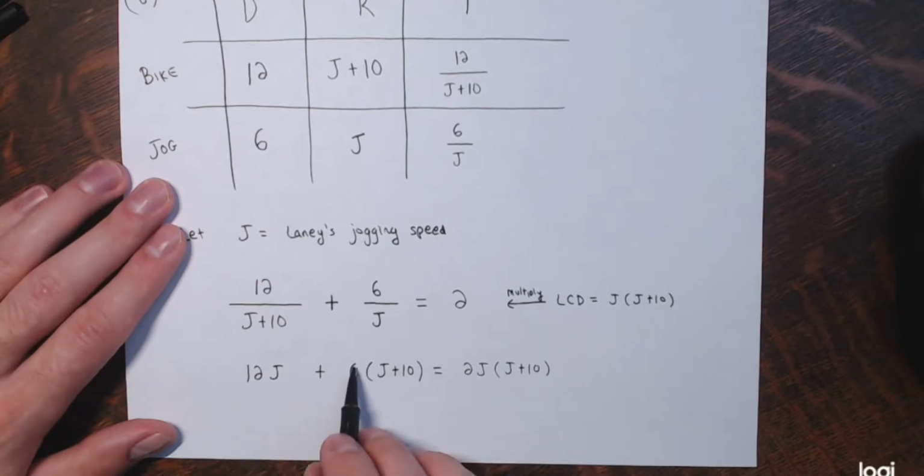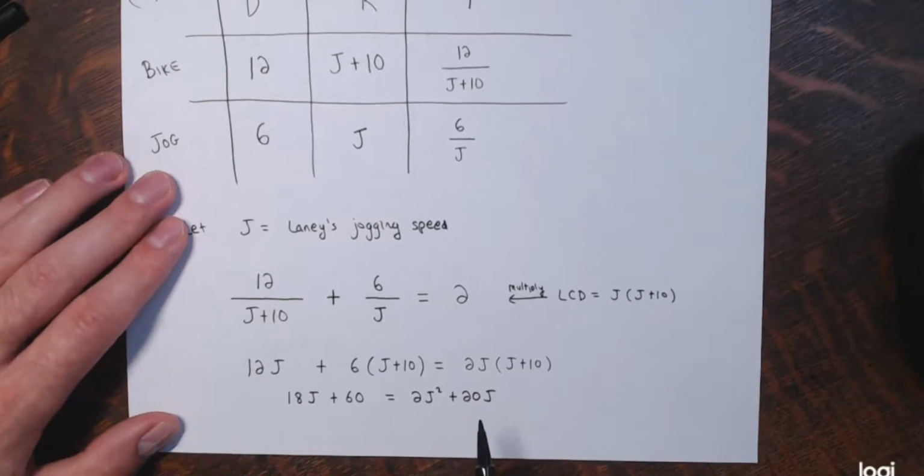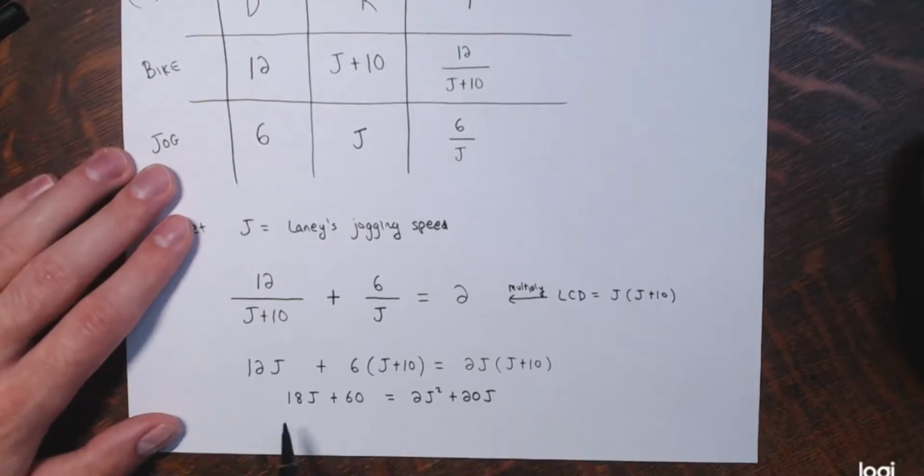Alright, so after distributing the 6 on the left side, I got 18J plus 60 equals, on the right side, distributing the 2J, we have 2J squared plus 20J. I'm going to divide everything by 2 and then take everything to one side.